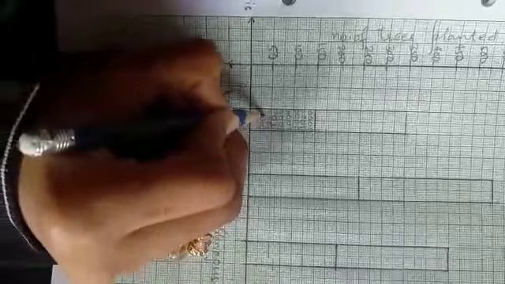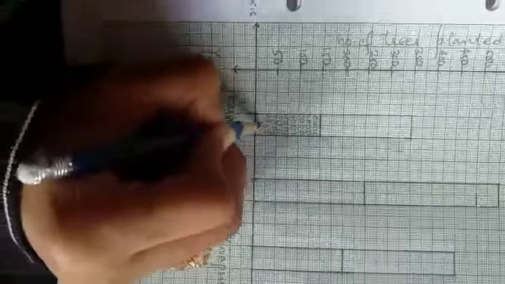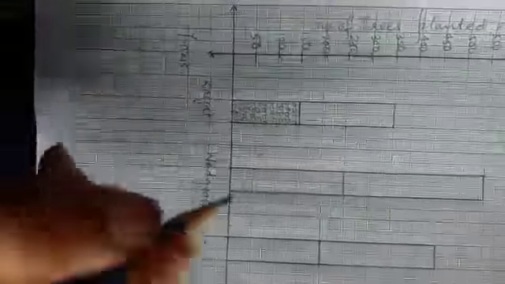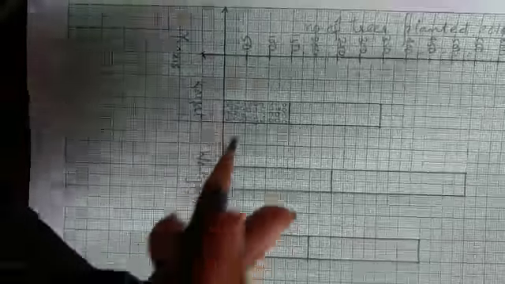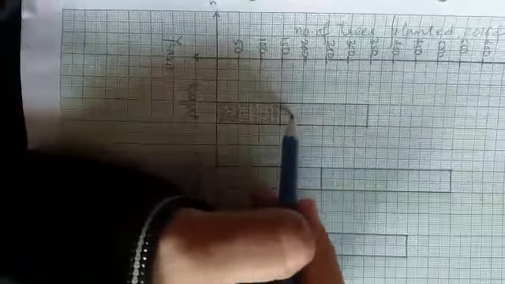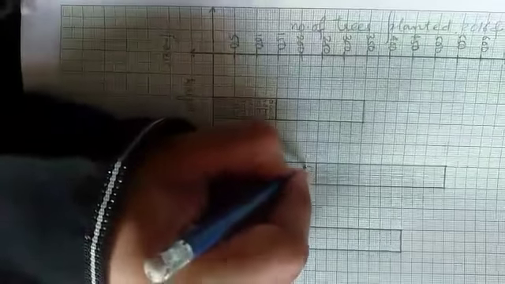You can shade it, you can give a plus sign, you can give a minus sign, you can give a small circle, just to differentiate or to show this is the tree plantation in 2016 and this is the tree plantation in 2017. Okay, here as well shade this part, and put a circle in this line.